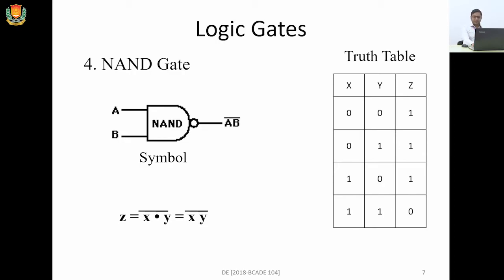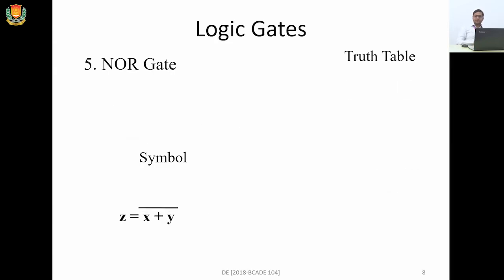Okay. The next logic gate is the NOR logic. The NOR logic gate has a symbol like the OR gate plus a NOT gate. NOR means N plus OR.